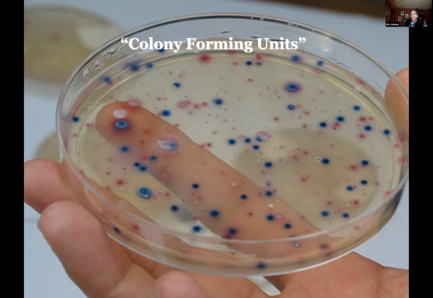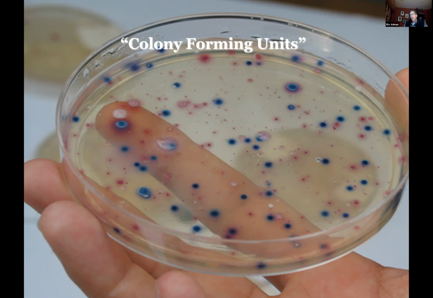So let's talk about a concept known as colony forming units. This is an example of a petri dish where a sample of water has been collected and then placed in some media initially, which is essentially food for bacteria, and then placed into a petri dish where it's got a coating on it that will cause it to gel.